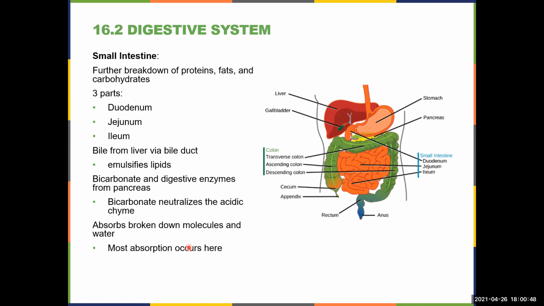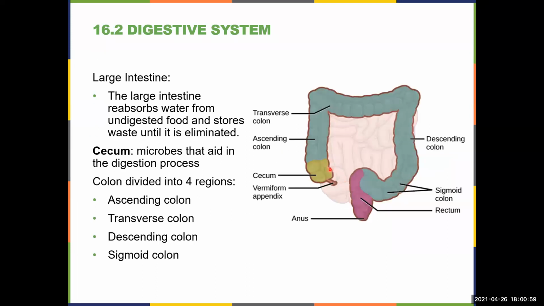And now when the food travels through the small intestine, it will then end up in the large intestine. So the beginning of the large intestine is the cecum, and then the large intestine itself can be broken down into 4 different regions: the ascending colon, the transverse colon, the descending colon, and then the sigmoid colon, which is that little twist here.